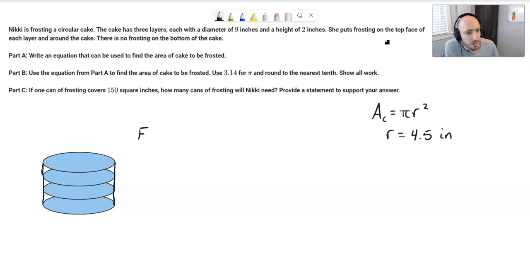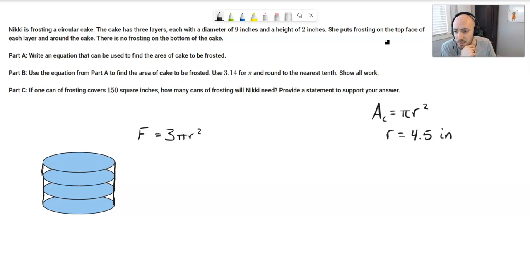So I know that this area formula is going to come into play here, and I need to frost 3 circles with that area. So I'm going to write 3 pi r squared. That's going to be the portion of the formula that gets me the surface area of these 3 circles. So that gets me the top of each layer.